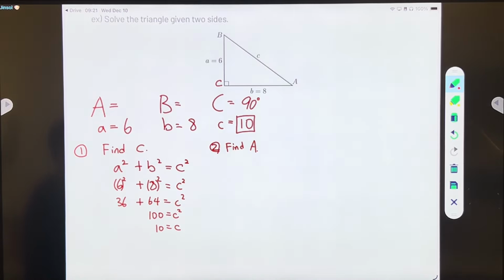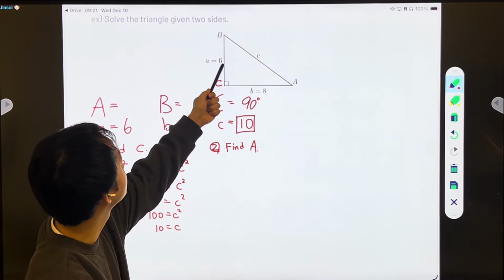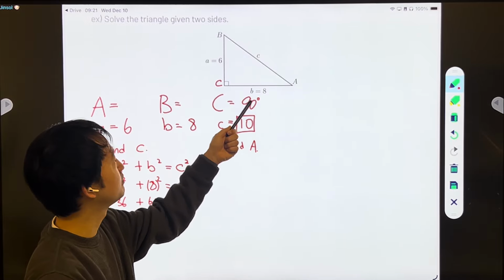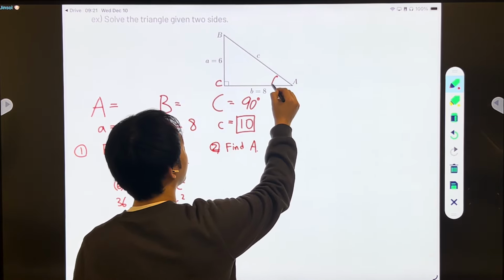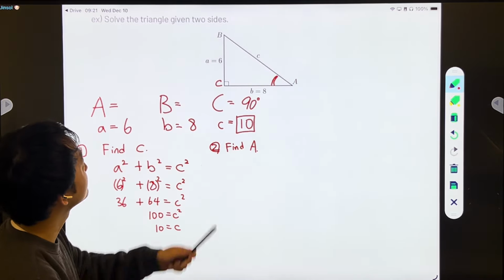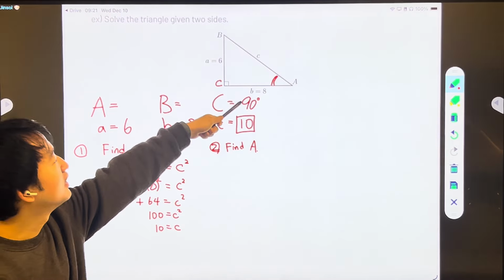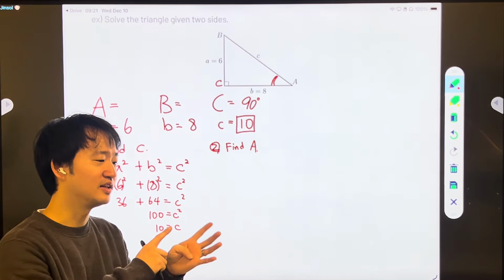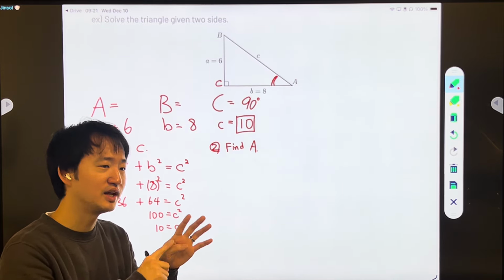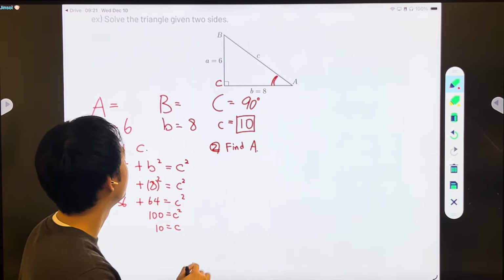In order to find the angle A, I'm going to use the side length 6 and the side length B. Well, from the perspective of angle A, I think the side A is the opposite side, and the side B is the adjacent side. So if I want to find the angle, knowing the opposite and knowing the adjacent, I think we need to use the tangent ratio.